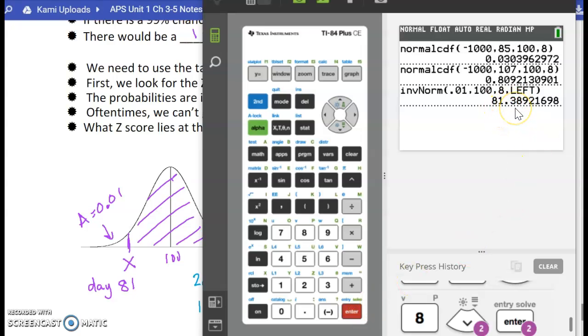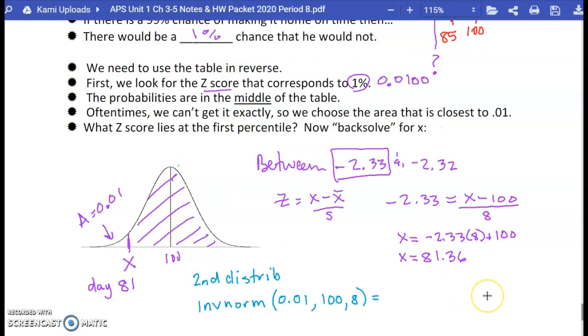This means day 81, so 81.4 days from the current date is when he needs to return. That is super close to what we had before. Right? It's off by an insignificant amount. So Dad needs to return at day 81 to have only a 1% chance of missing the birth.